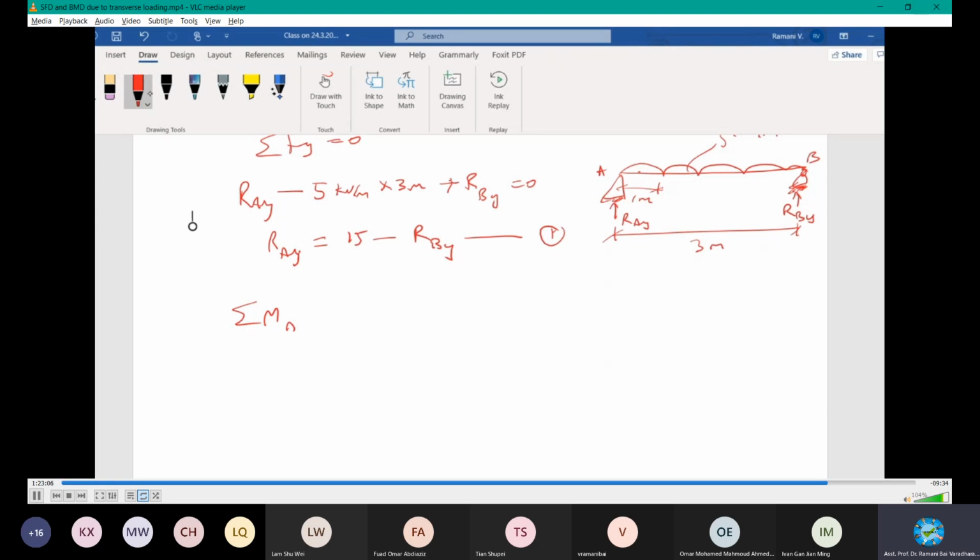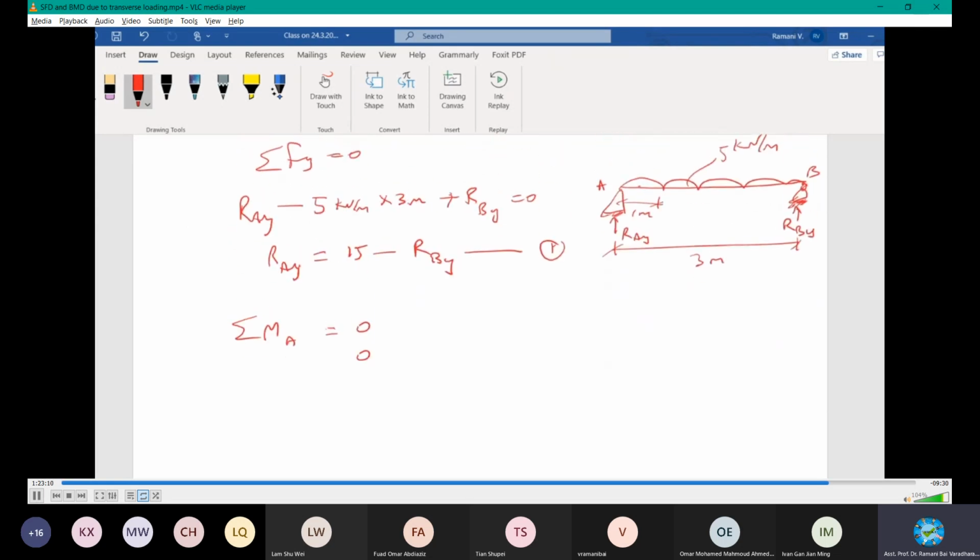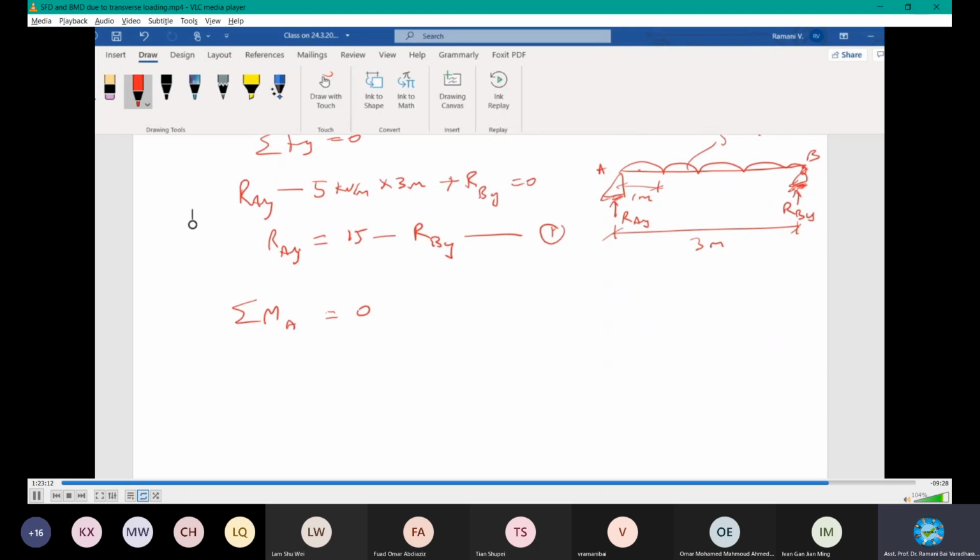When you solve the moment about A, summation of all the moments about A, start from A, keep the clock there: 12, 3, 6, 9. When you come from B, RBY is negative, times L, which is 3 meter.